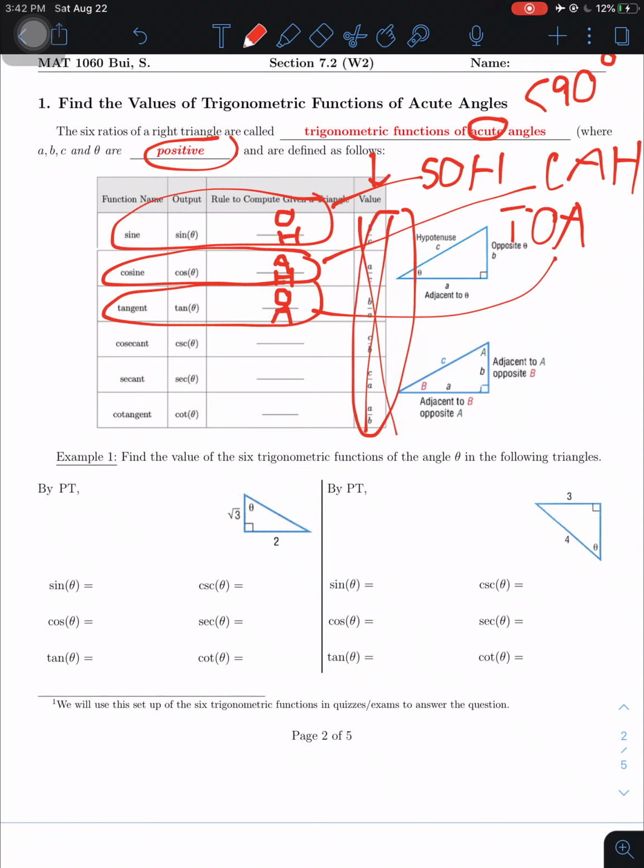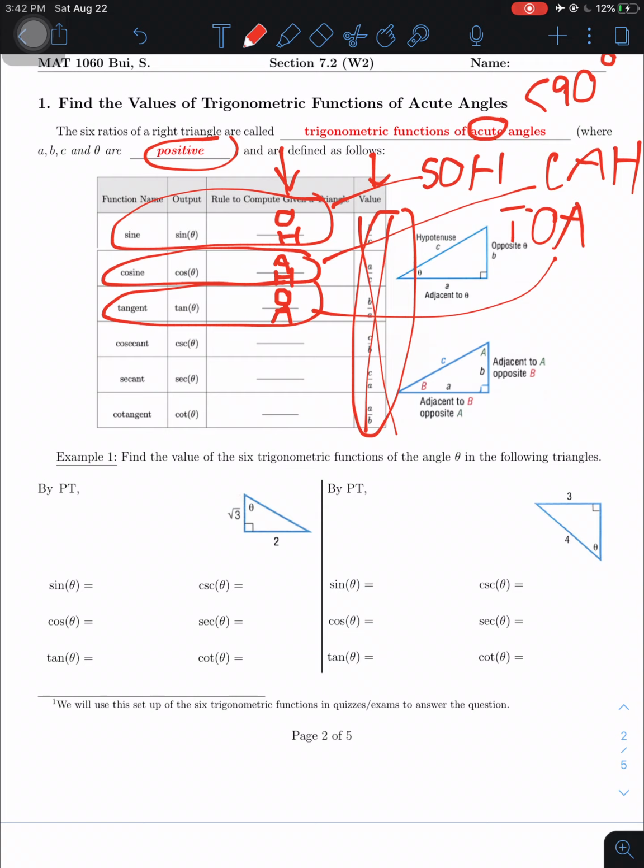Because A and B don't really matter for the legs, because one could be longer than the other, so A and B have different positions. But when it comes to opposite and adjacent, they mean specific things. Okay, so if I have to recommend you something to remember, make sure you remember the system SOHCAHTOA.